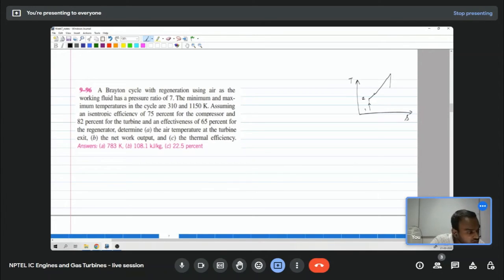Say this is 3, and it expands, and then heat is added till 4, and then it is expanded till 5, and then this is 6, so it goes like this.